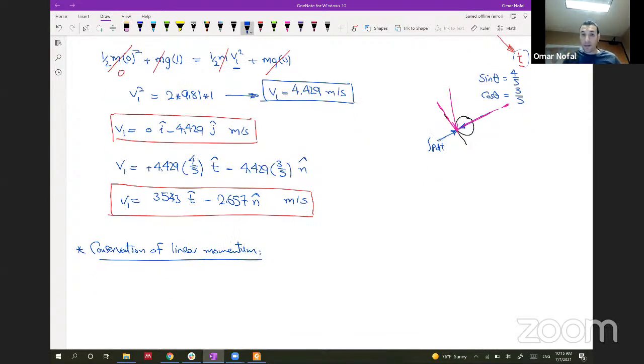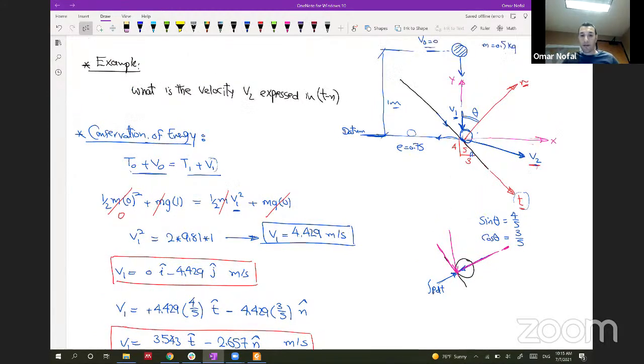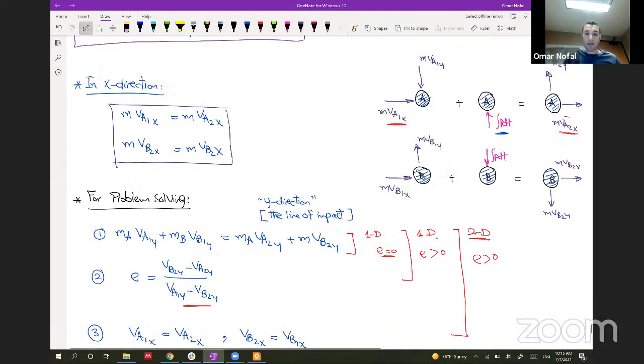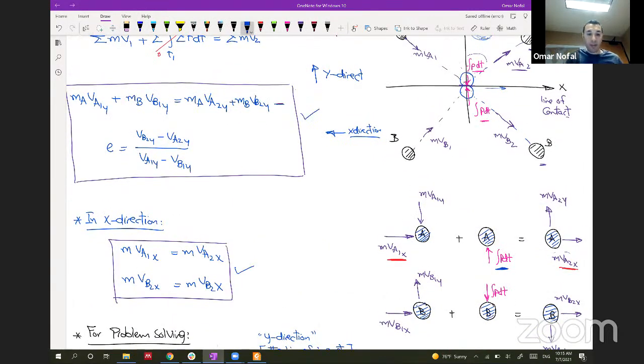For conservation of linear momentum, we will be applying these four equations, but we need to identify which one is y. Is it the tangent direction or the normal direction? So we can apply these two equations, and then identify the perpendicular to the y direction, which is x, and apply these two equations.